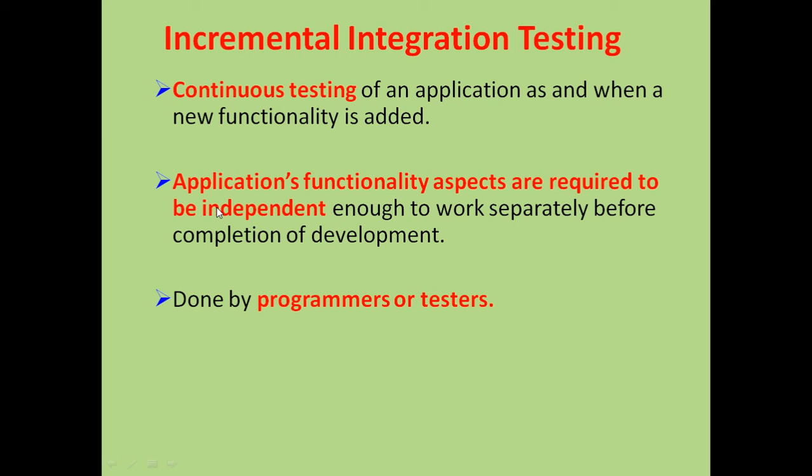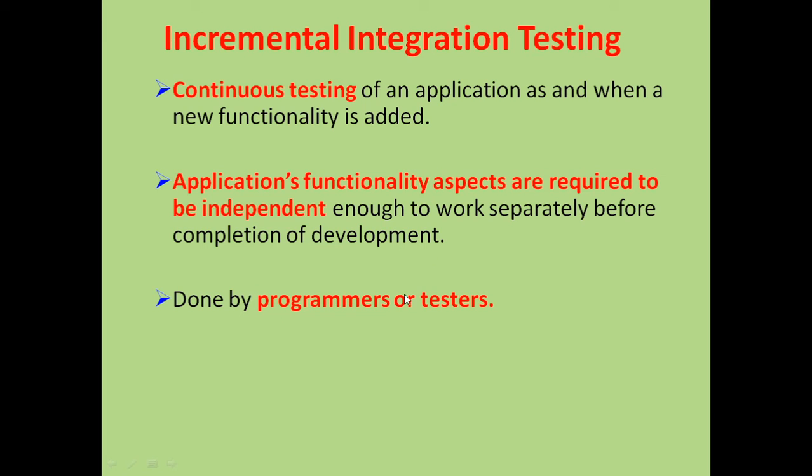Applications' functionality aspects are also required to be independent, so that we can work on the units separately and then start integrating them. So the concurrency aspect is important, that is, it should be able to support parallel or independent development.